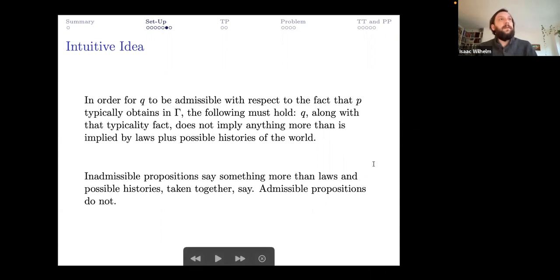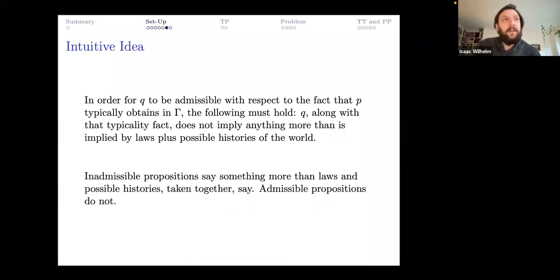Admissibility is admissibility at a time? So right now, no. This is one of the differences between this definition of admissibility and the definition from the principle. Chances evolve over time.